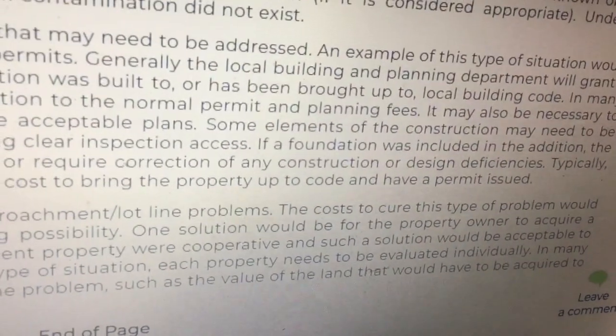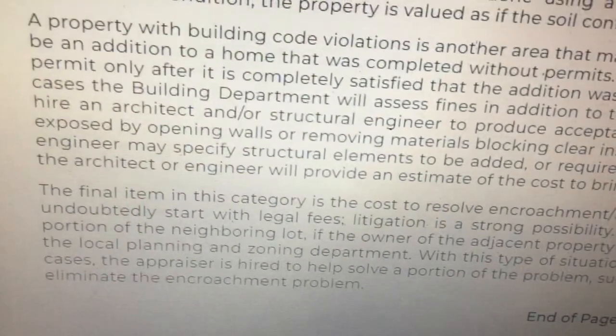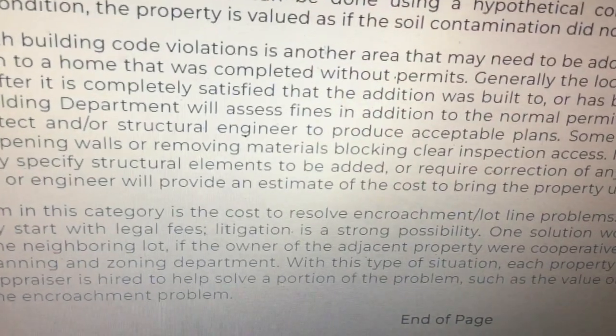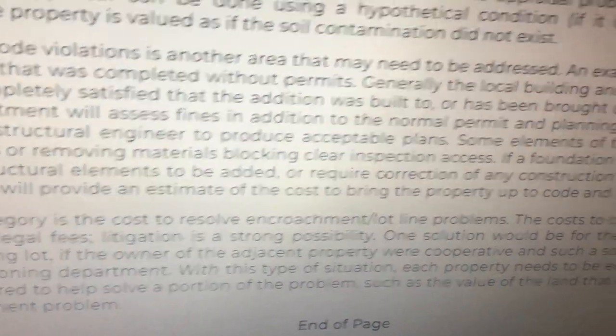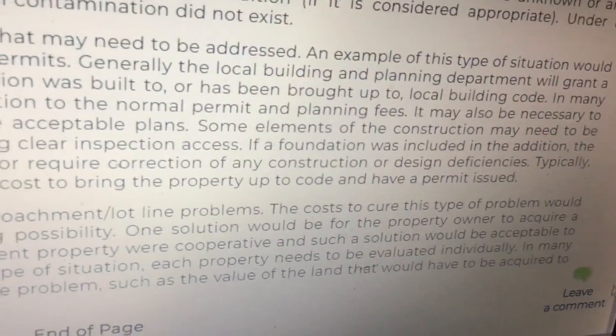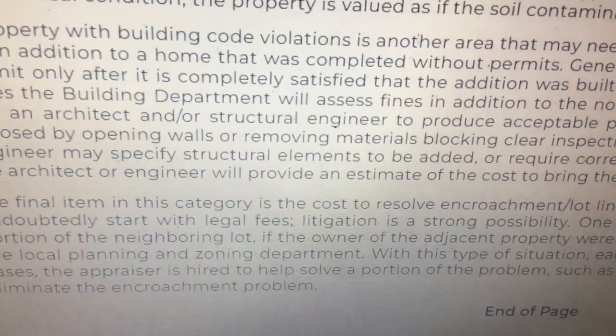One solution would be for the property owner to acquire a portion of the neighboring lot, if the owner of the adjacent property were cooperative, and such a solution would be acceptable to the local planning and zoning department.